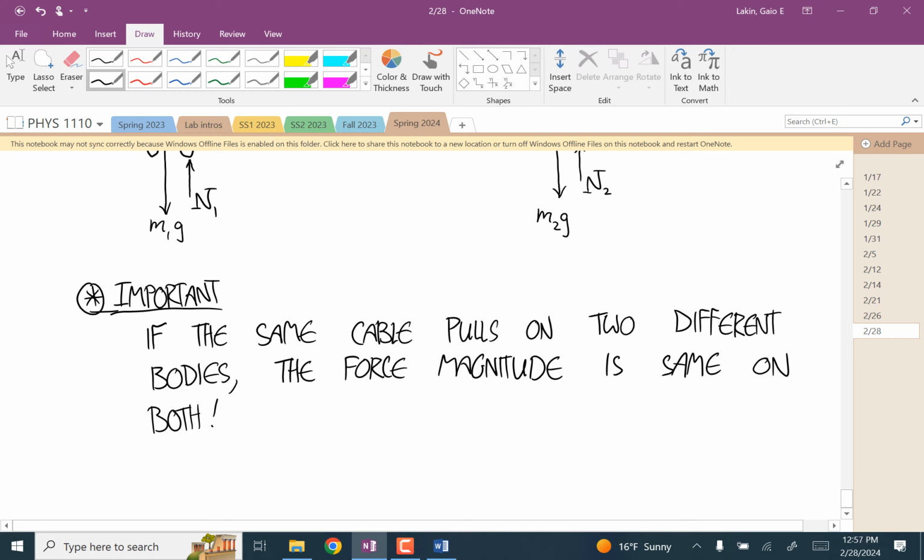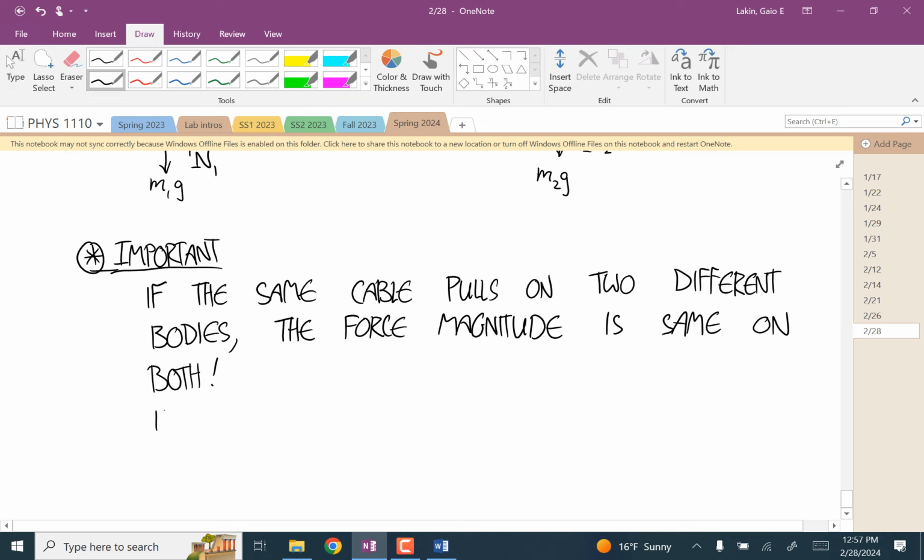And one thing that we're going to see a bunch is this is even true if that cable passes through pulleys between the two ends of it, okay? So this is even true when that cable passes through pulleys.